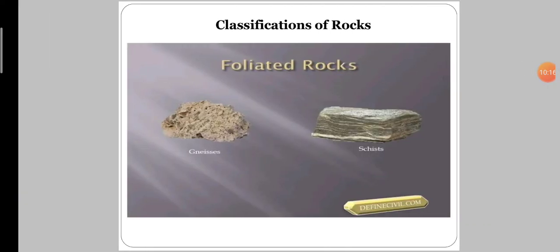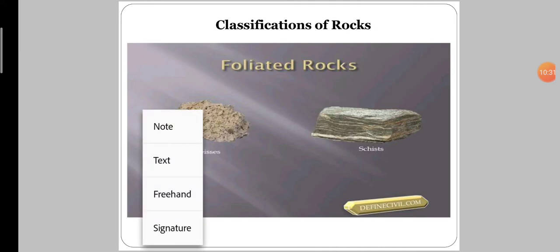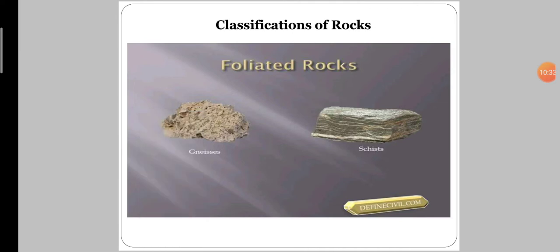Third one, foliated rocks. These are rocks having the tendency to be split up in a definite direction.